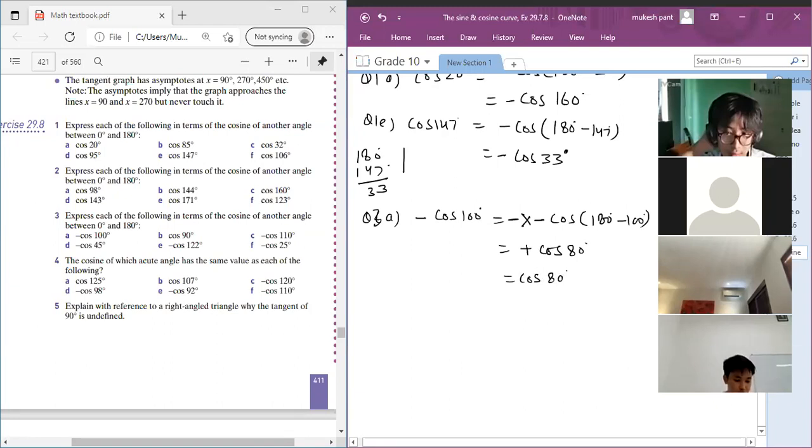Is this one correct? The minus sign is there, so you write this minus sign here, but for the rest, for cos 100, you use this formula, like we were doing cos 147 equals minus cos (180 minus 147).